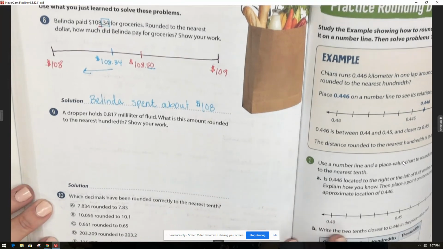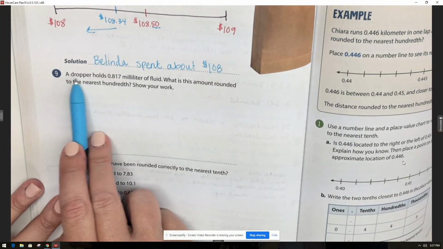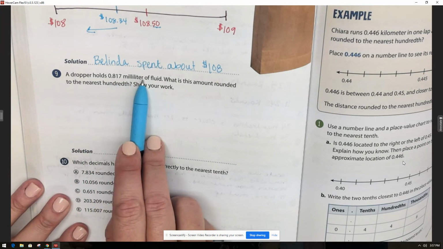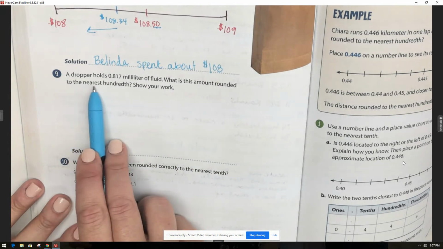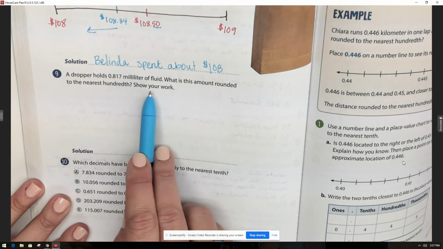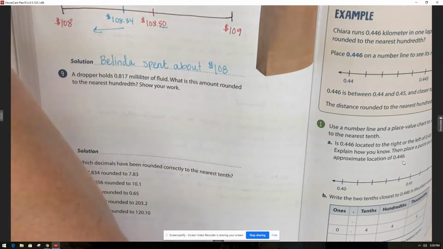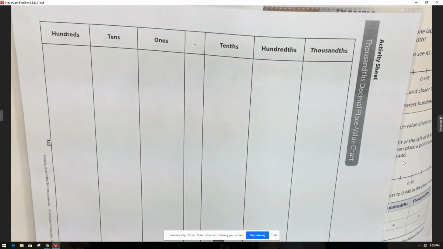Now we're going to look at number 9. A dropper holds 817 thousandths milliliter of fluid. What is the amount rounded to the nearest hundredth? Show your work. For this one, we're going to use our place value chart.